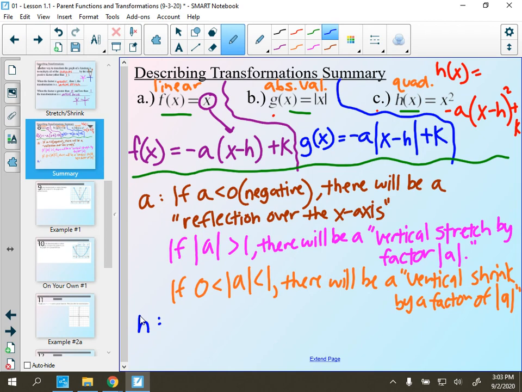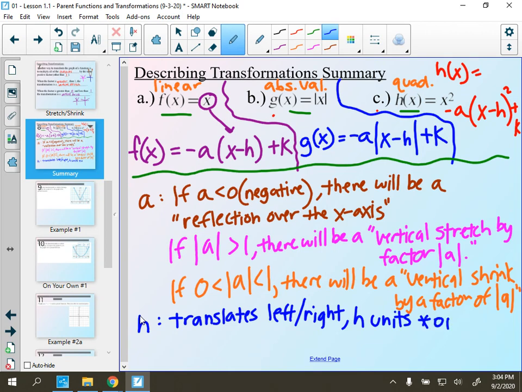H will translate left or right h units. This one's kind of tricky because it's opposite of what it looks like. And I'll show you what I mean by that.